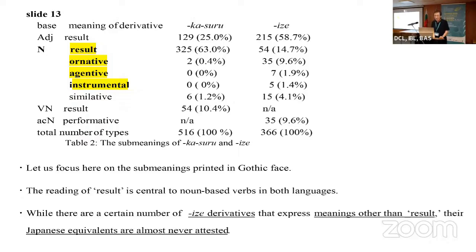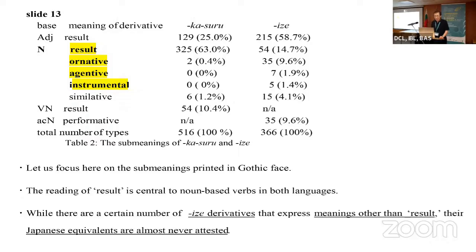The reading of result is central to noun-based verbs in both languages. So 325 Kasuru verbs are detected and 54 -ize verbs are detected.